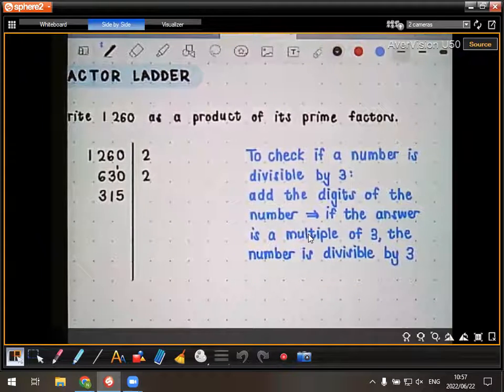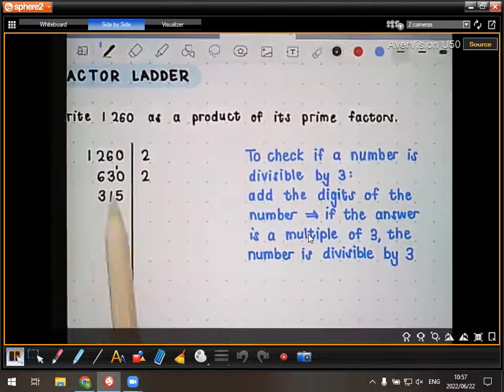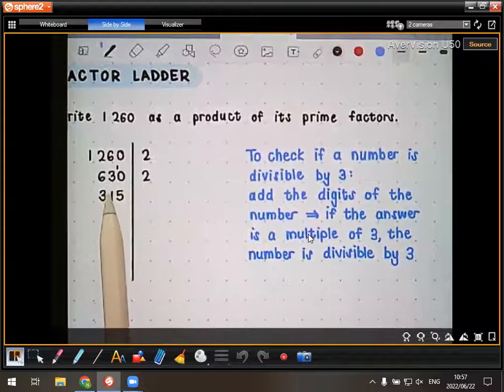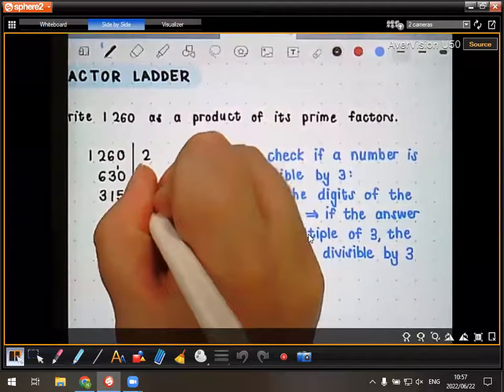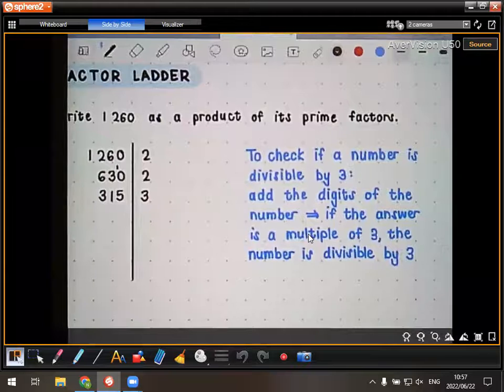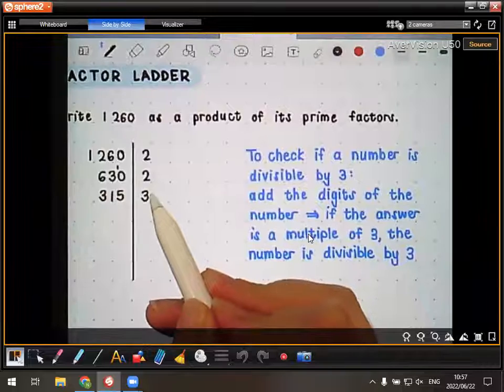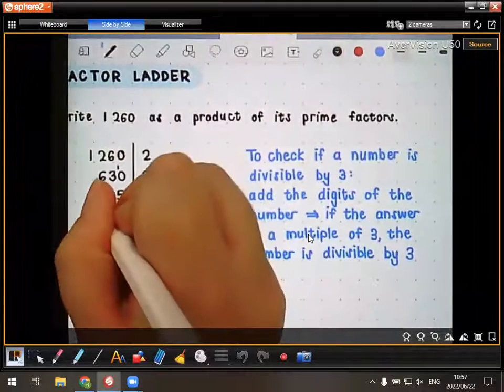I can't remember now. Okay, guys, 3 plus 1 is? 3 plus 1 is 4, plus 5 is 9. Is 9 a multiple of 3? Yes, so that means that this number is also a multiple of 3, it's also divisible by 3. So let's put a 3 there. What is 3 divided by 3? 1.